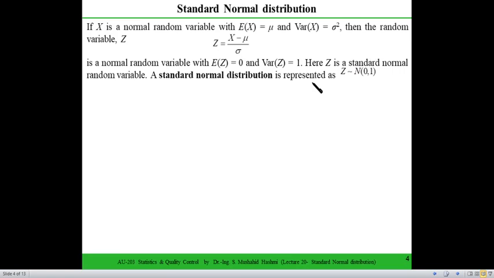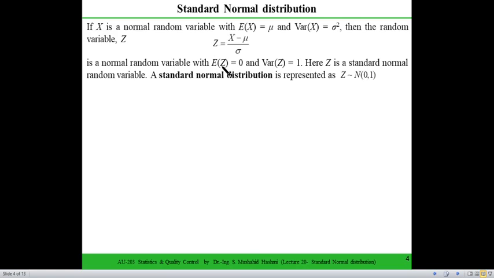Let's say you have a situation in which your mean mu is 0 and your standard deviation is unity, 1. Then x would transform into z, and the value of x would be the same as the value of z.